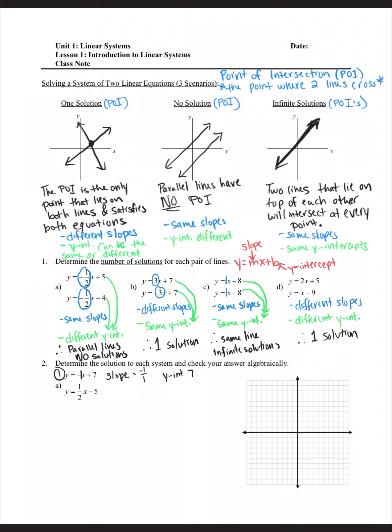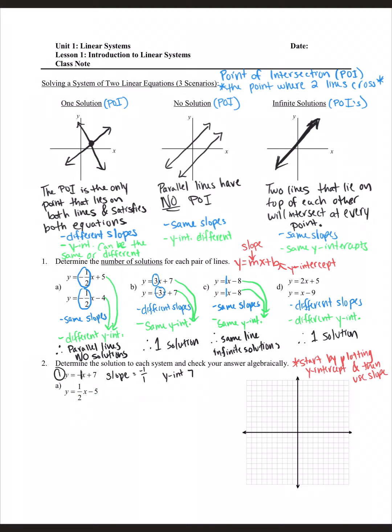Whenever we're graphing, I'm going to make a note here so we remember: you always want to start by plotting your y-intercept and then use slope to plot the next consecutive points.